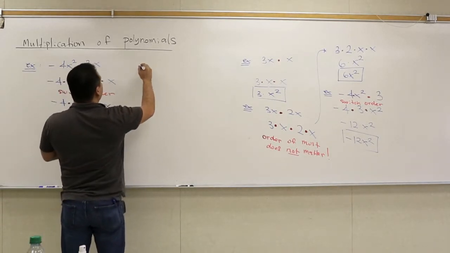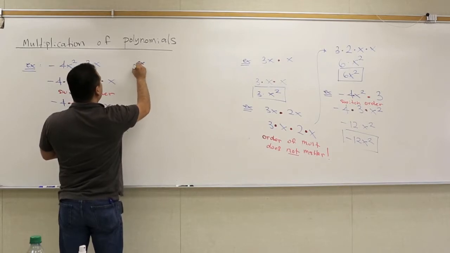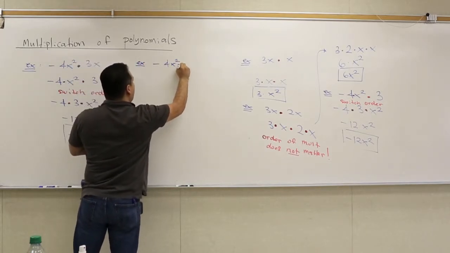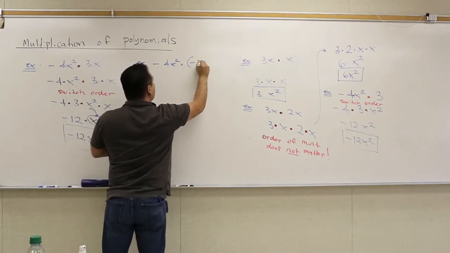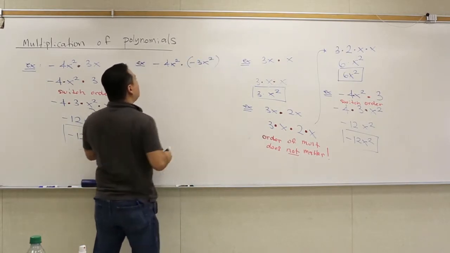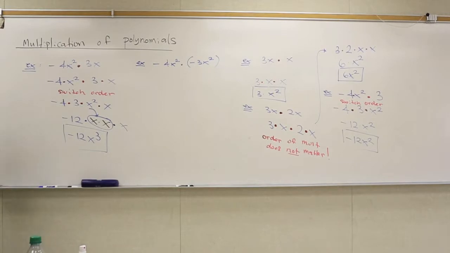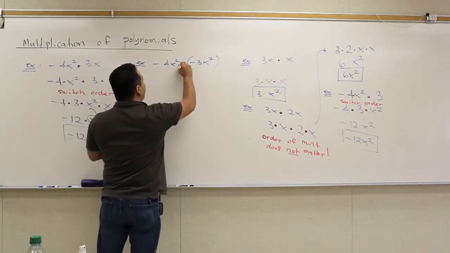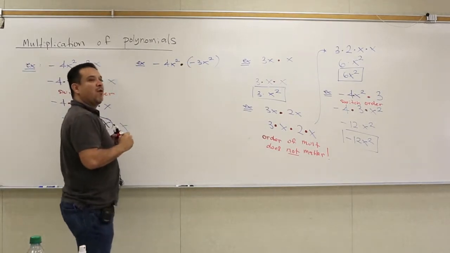And what if they gave you, for example, let's see if you're really awake, negative 4x squared times a, and I'll put parentheses, negative 3x squared. What do you think's happening now? Anybody know? What do we have? We have some multiplication here.